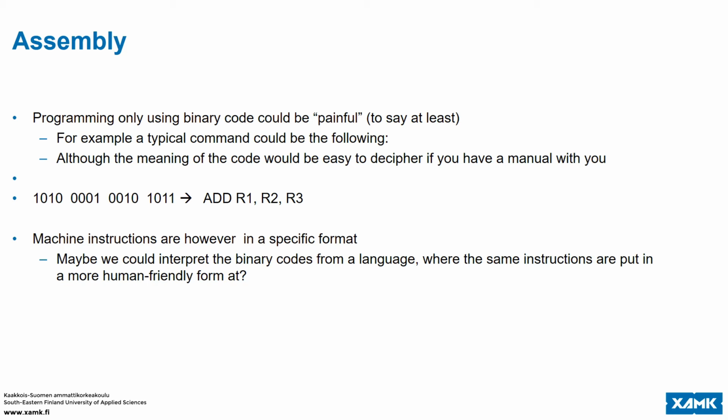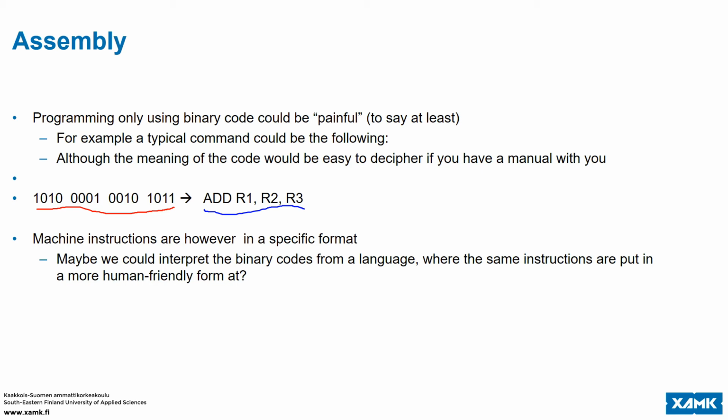So for example, consider this binary code here, which in assembly language translates to an instruction to add two numbers together and store the result in a third memory location.